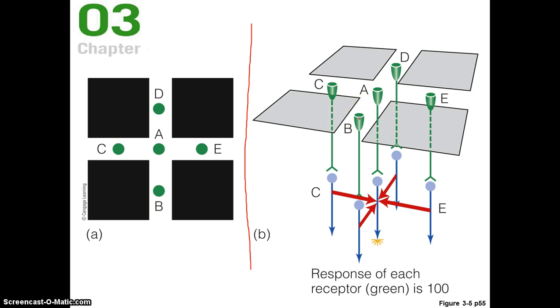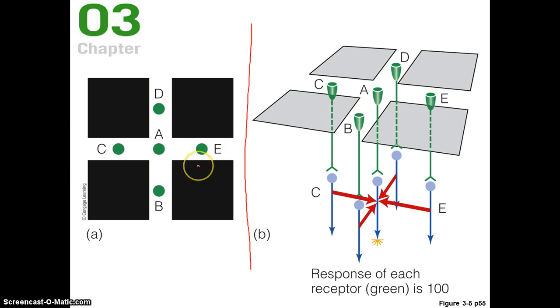Receptor B is in one of the corridors down here. Receptor C is over here. Receptor D is up here, and receptor E is over here.